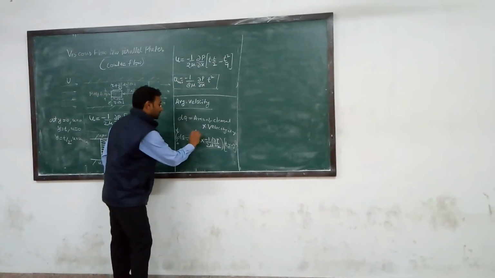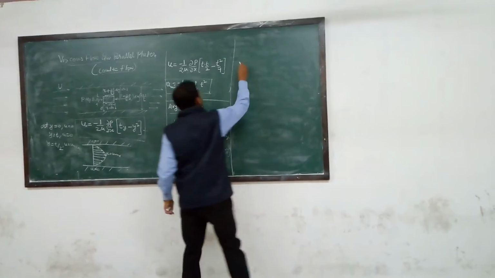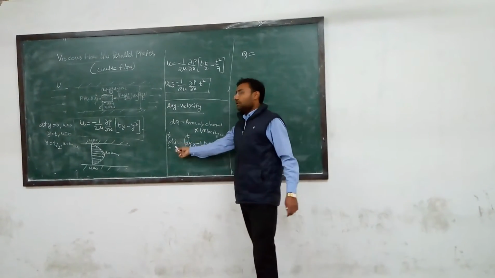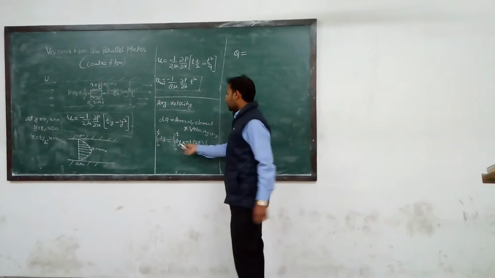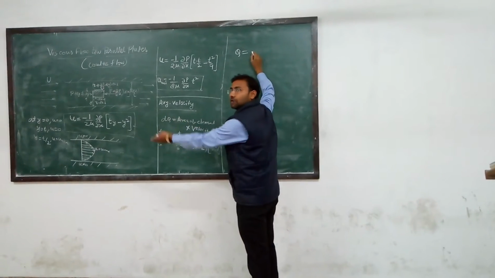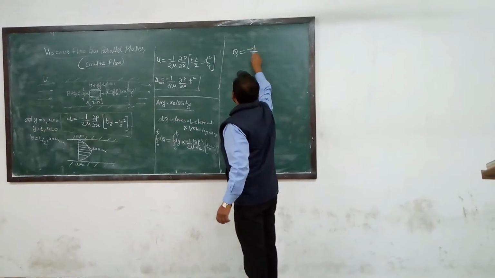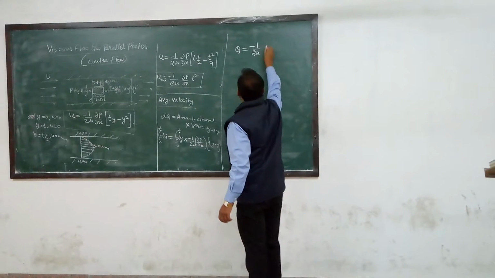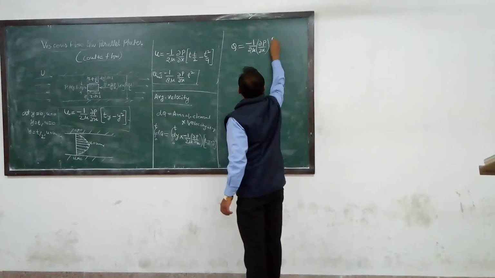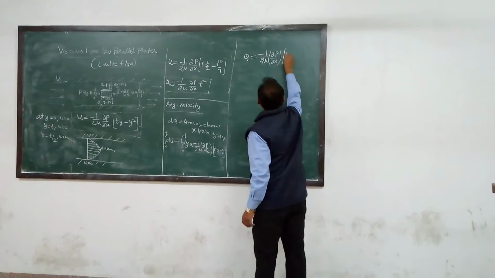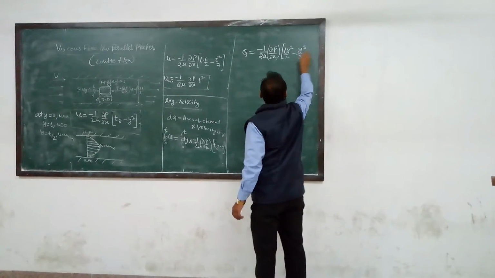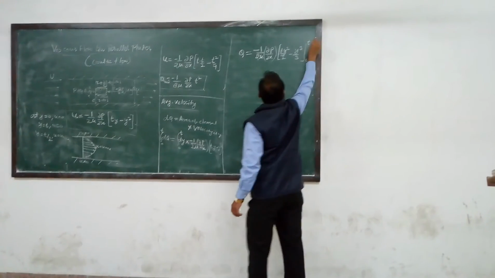So integrating from 0 to t, we get the total discharge Q. Q = -1/(2μ) ∂p/∂x, this term comes out of the integration, and the integration will be [ty²/2 - y³/3] from 0 to t.